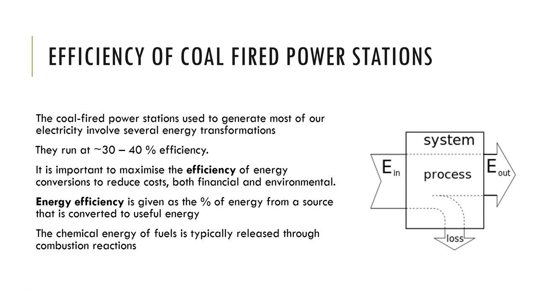As we mentioned with the internal combustion engine, which is incredibly inefficient at 25% efficiency, our coal-fired power stations, which we use to generate electricity, involve several energy transformations. With each of these energy transformations, we will have unwanted energy loss, so energy being lost to heat or various other things.